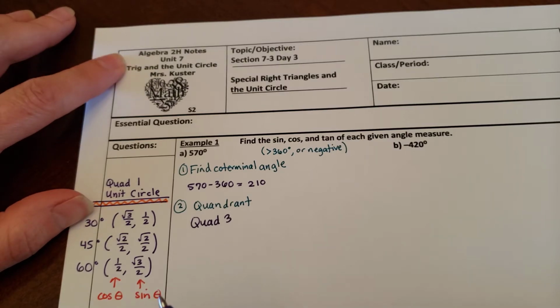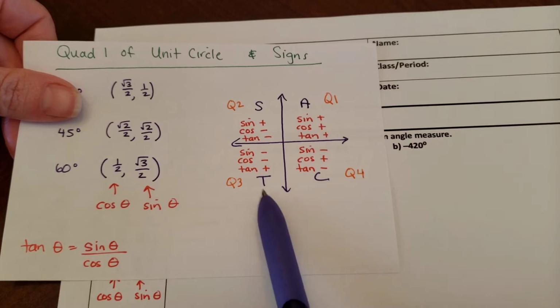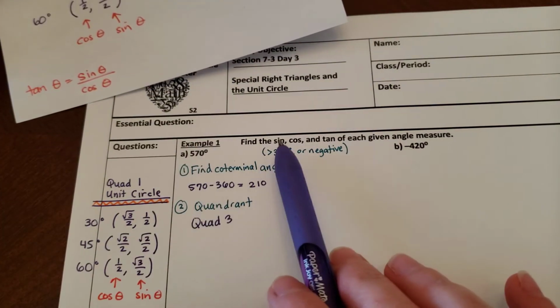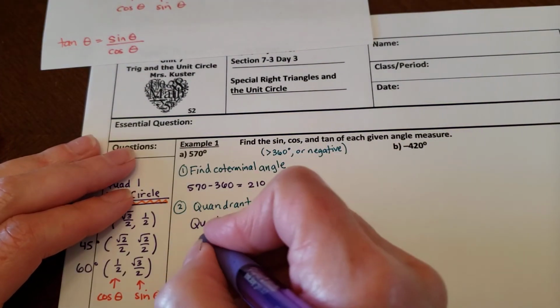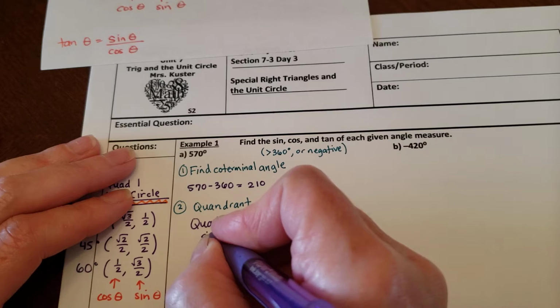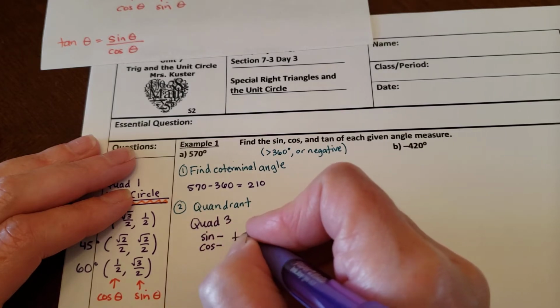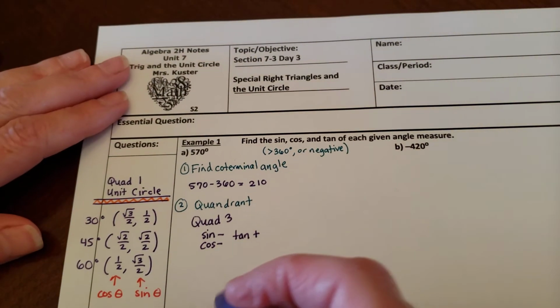So if I go to my chart for my signs, because I'm in quadrant 3, tangent is the only sign that will be positive, and I'm finding sine, cosine, and tangent. So you're finding all of them this time. So your sine will be negative, cosine will be negative, and tangent will be positive. So we're doing all 3 this time.